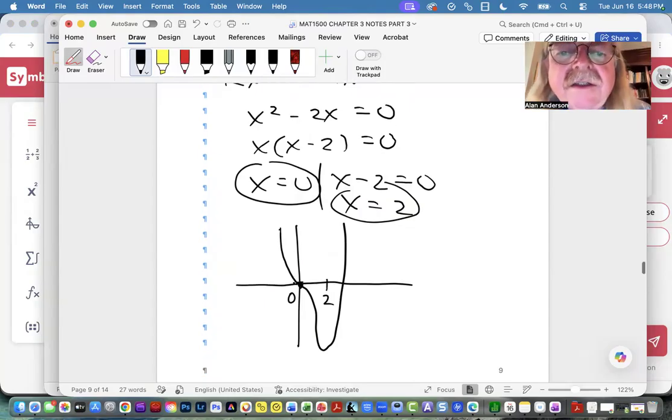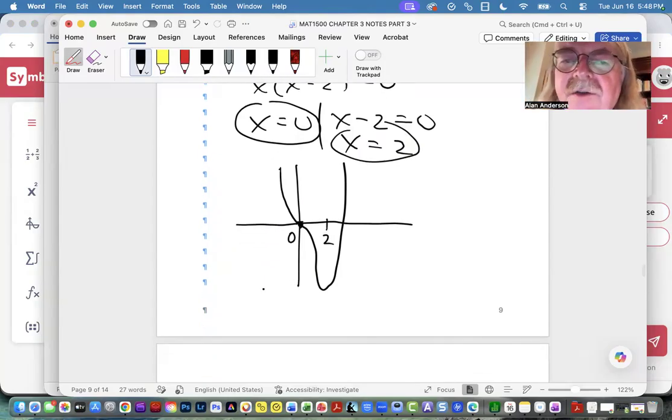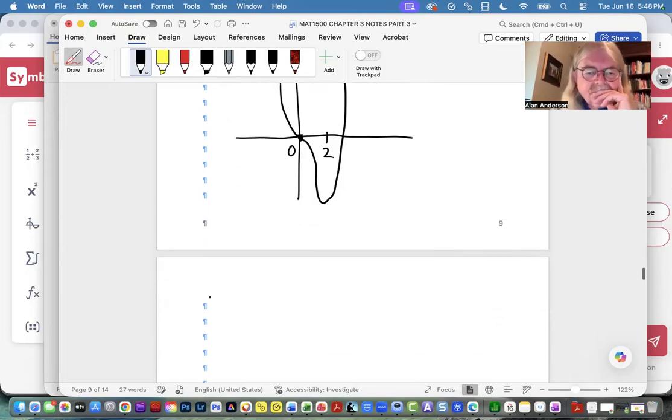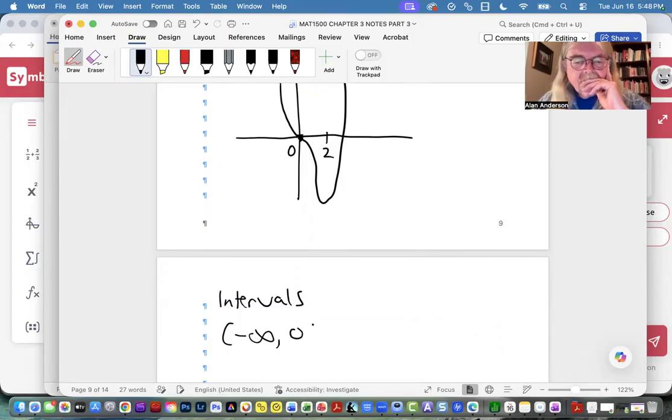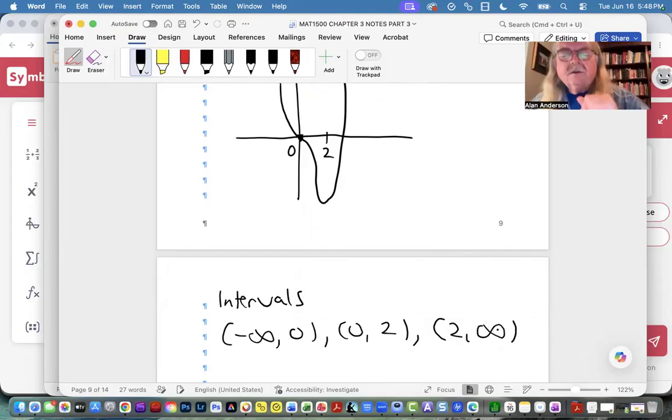So what we're going to need to do is test the sign of the second derivative in these intervals that we just created. All right, so those are my intervals.